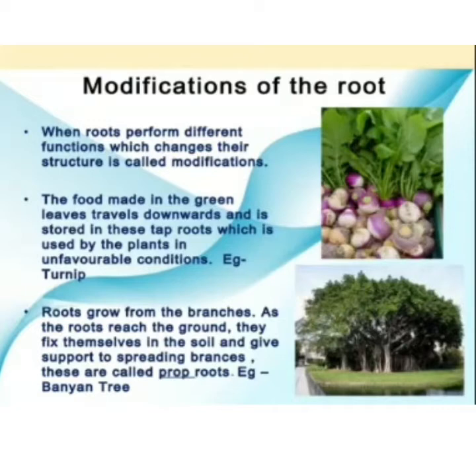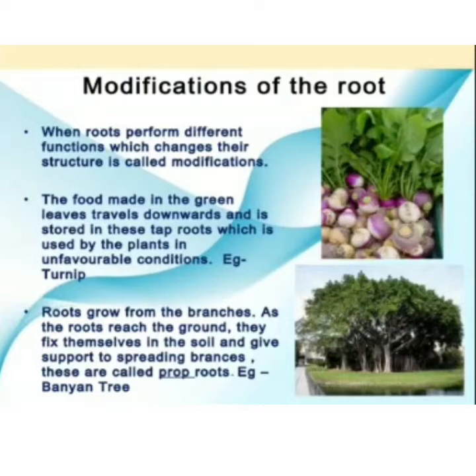As these roots reach the ground, they fix themselves in the soil and give support to the spreading branches of the huge tree. So the roots which come out from the branches to give extra support to the plant are known as prop roots.